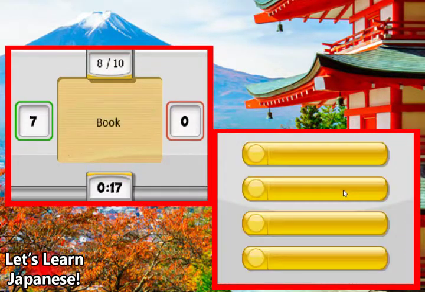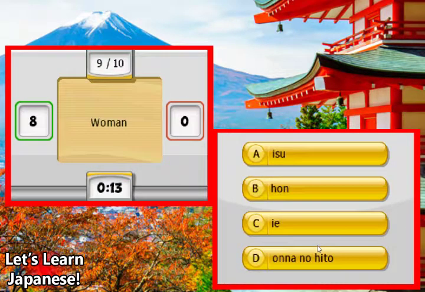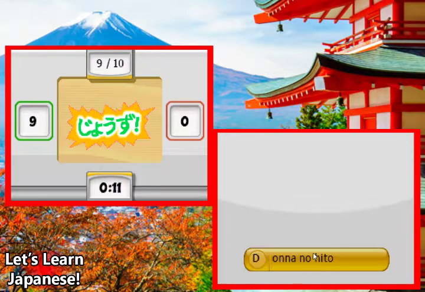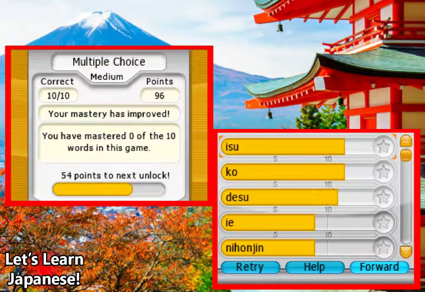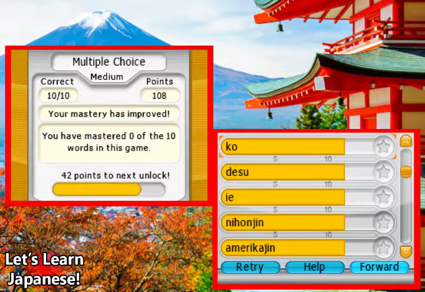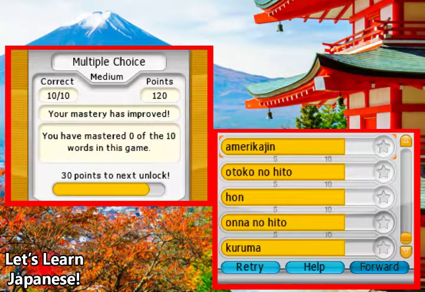Hon. Onna no hito. Kuruma. Repetition. Nice. So yeah, I think if we play that one more time, then we should get to master.